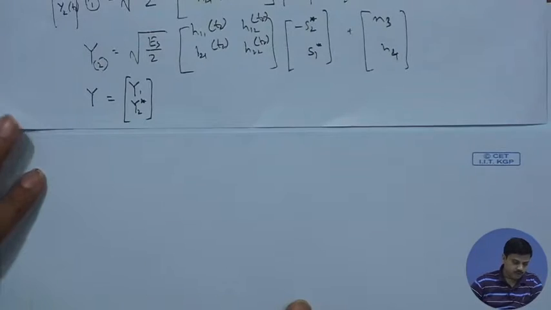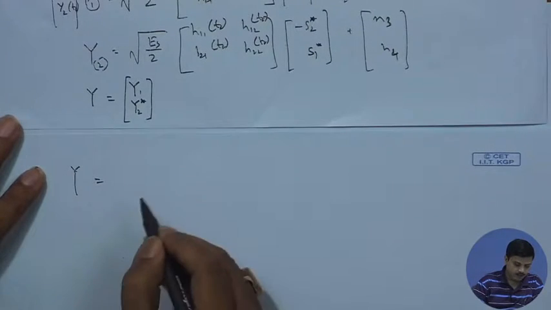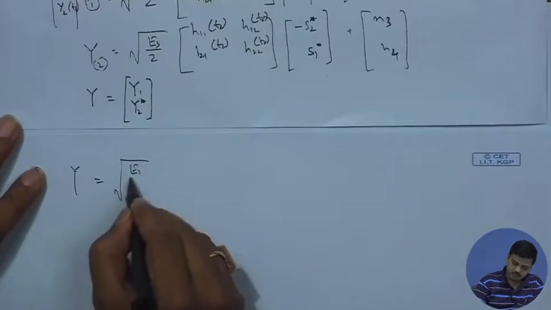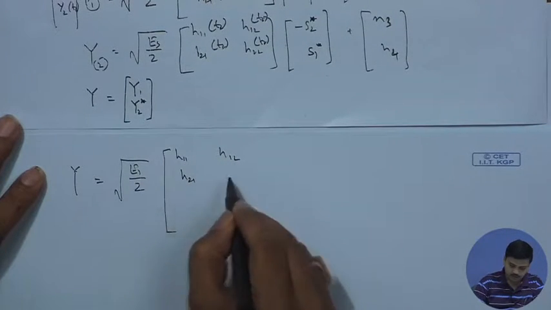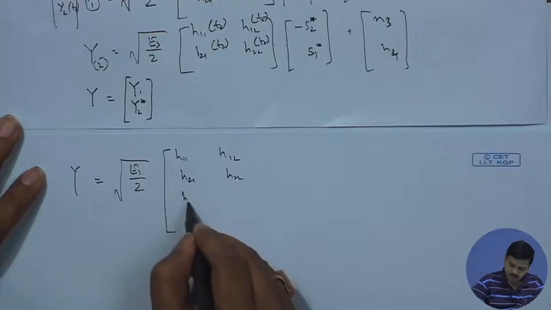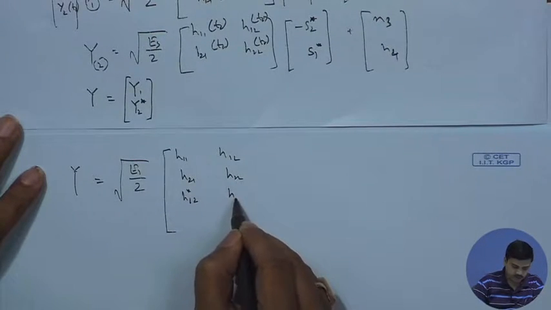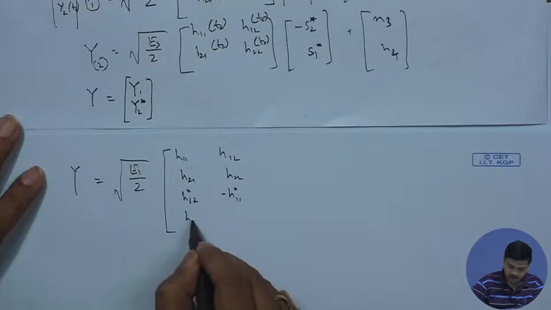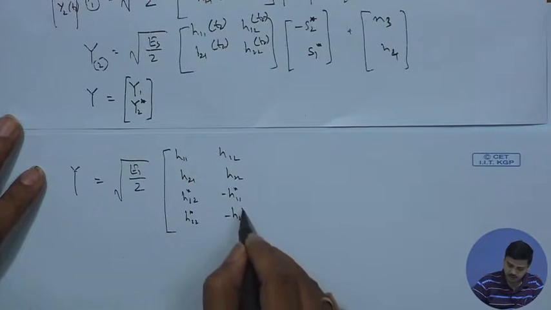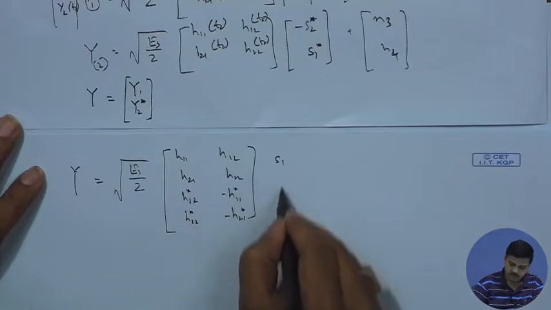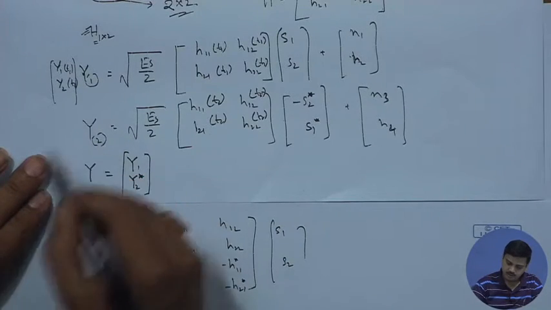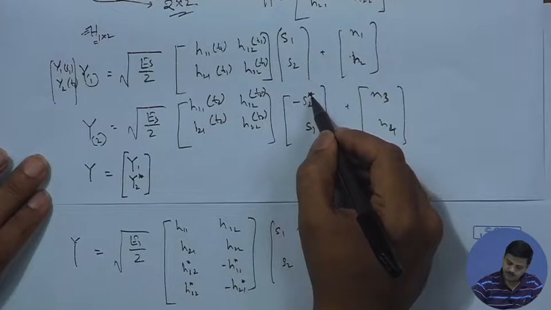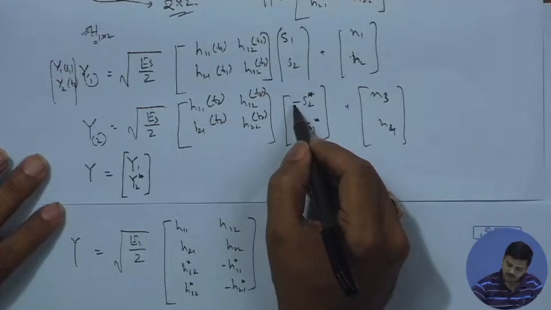If we construct that expression, the big Y is equal to root over ES by 2, and you have H11, H12, H21, H22, and then H12 conjugate, H11 conjugate with the minus, H22 conjugate, and H21 conjugate with the minus, just like we had in the previous time, times S1 and S2. We are taking a conjugate of Y2. If you are taking a conjugate of Y2, this will become S1 and S2, the minus sign would be absorbed.